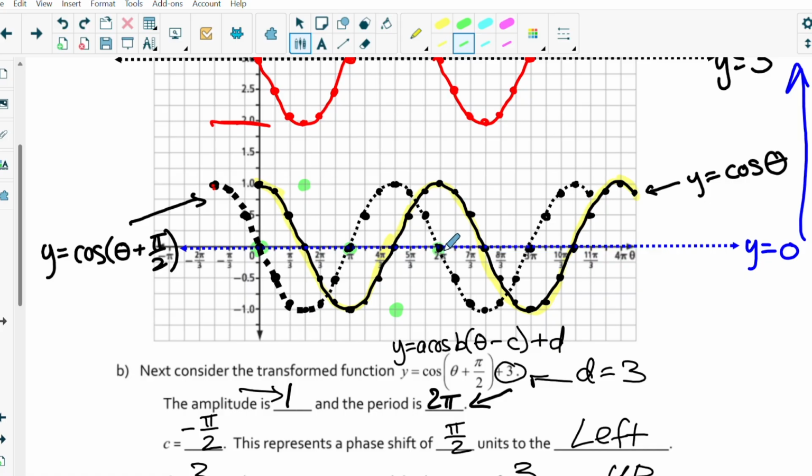Okay, 1, 2, 3. Okay, so this is what my sine graph will look like.